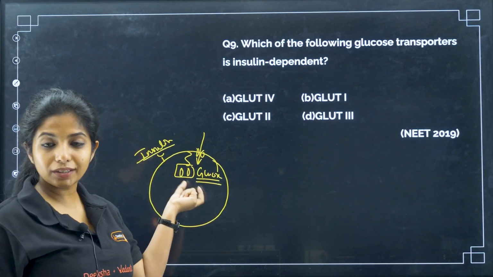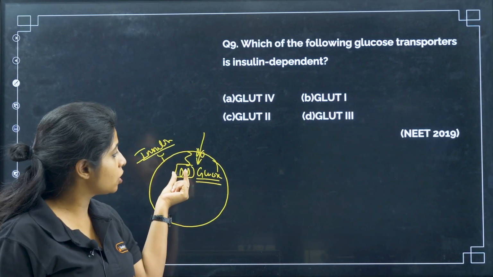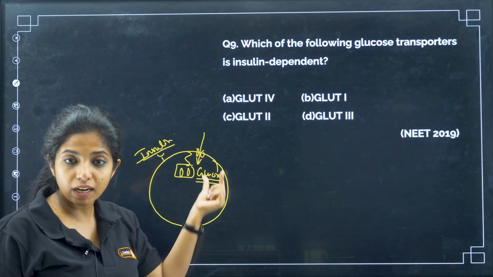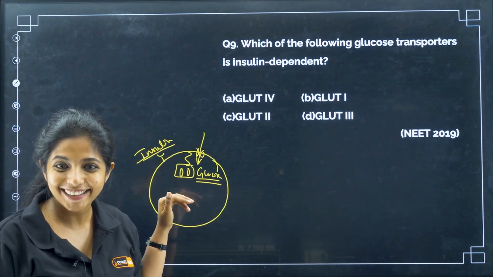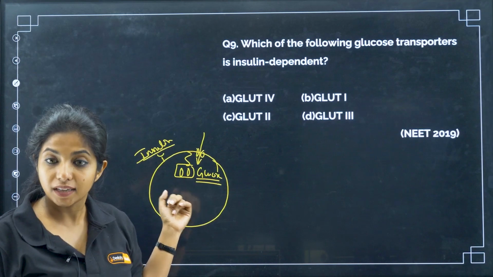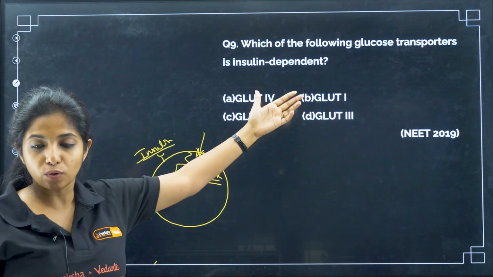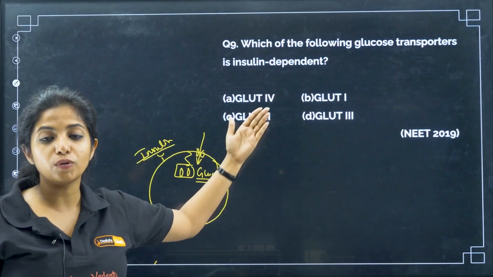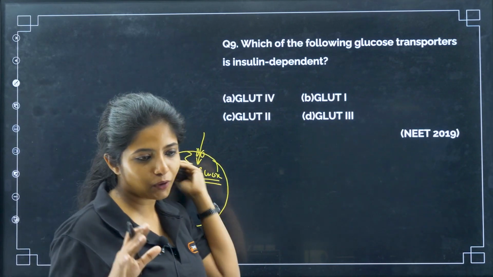Can I say that this particular transporter is insulin dependent because insulin came and attached, and that's when the transporter went into the cell membrane and hence it is letting in some amount of glucose? Yes. Now you are asked which one among them is actually insulin dependent. GLUT4, GLUT1, GLUT2, GLUT3. About GLUT1, 2 and 3, nothing is mentioned in your NCERT biomolecules chapter.